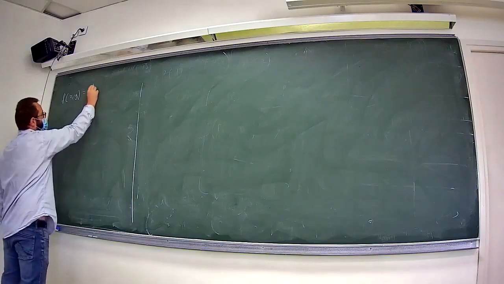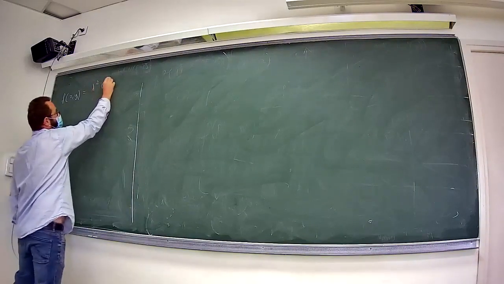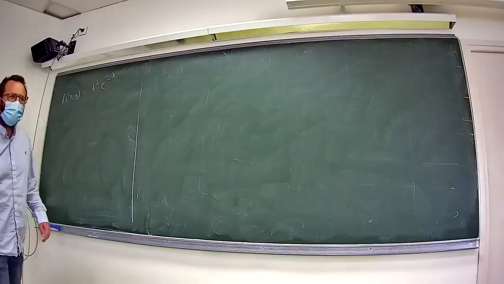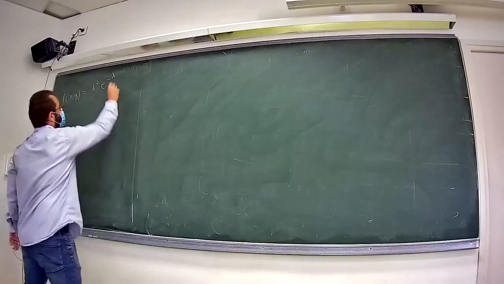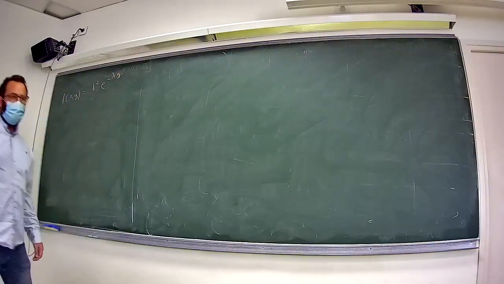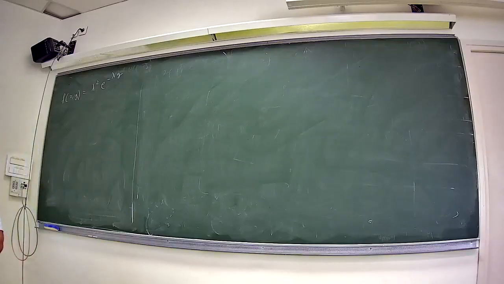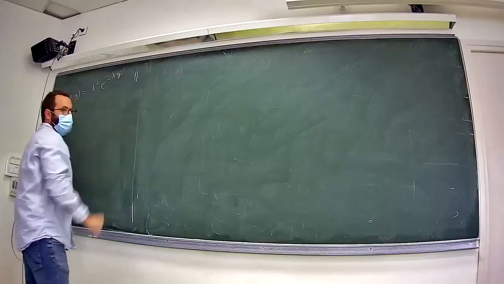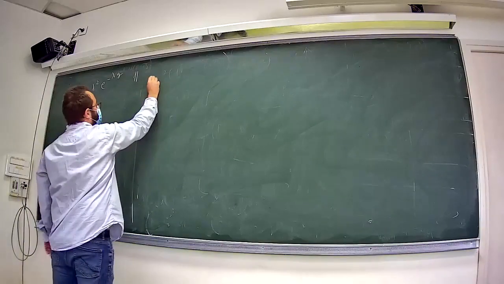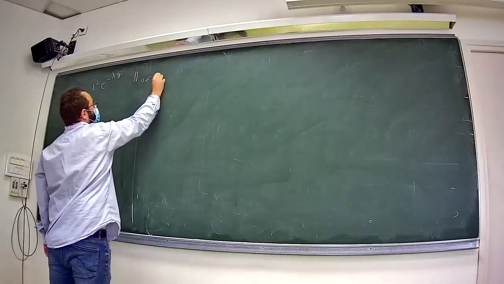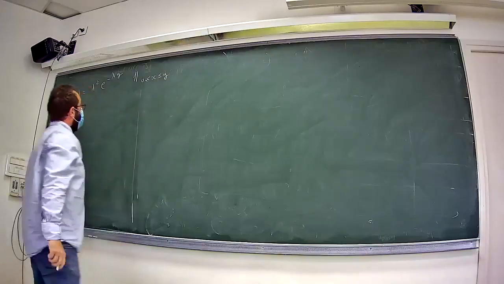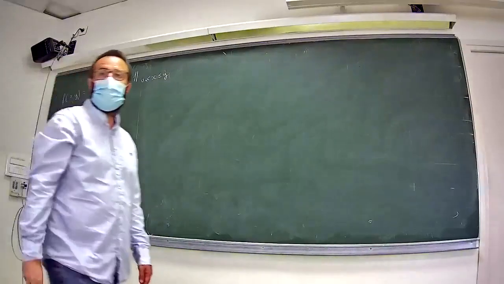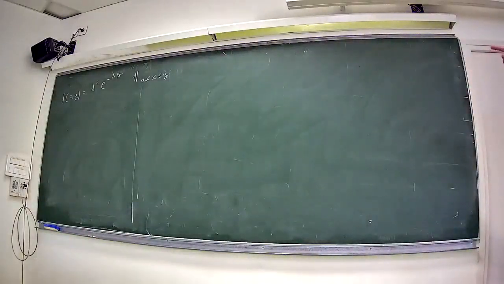It is lambda squared exponential of minus lambda y, and I have the indicator function of x between 0 and y, that I can write this way: the indicator function that x is positive and less than y. It's exactly what I have written in another way here.